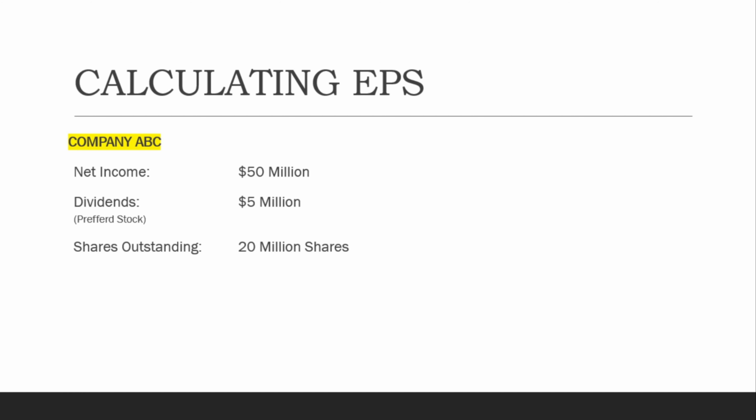So now that you have these three values, you apply them to find the net income of the company, which is $50 million minus $5 million of dividends paid out, which gives you a net income of $45 million.